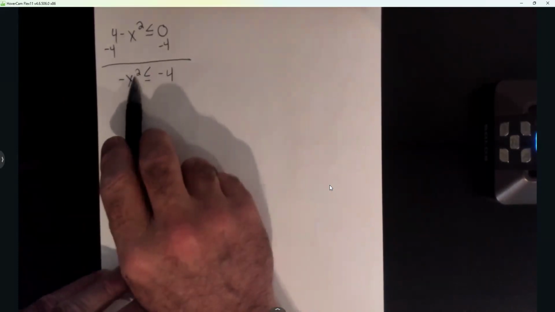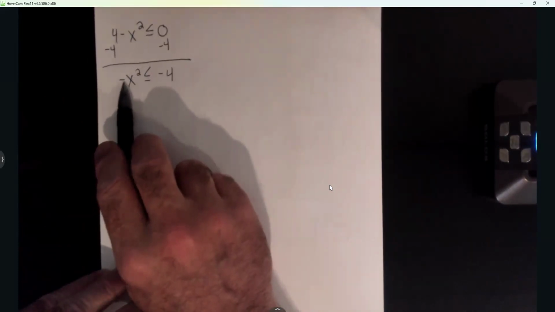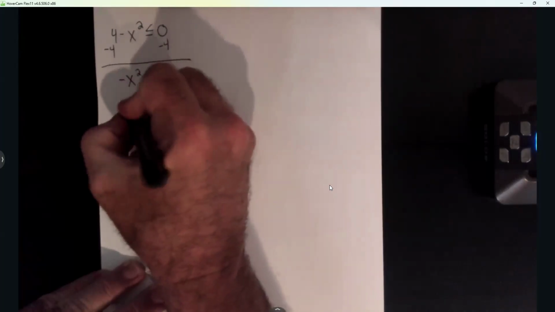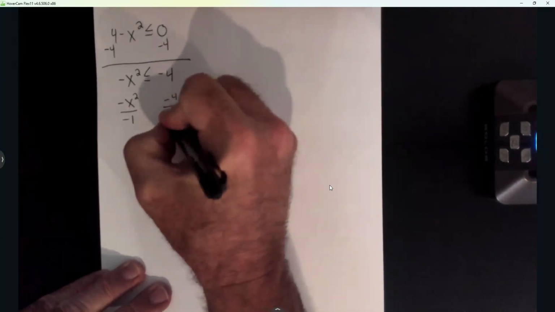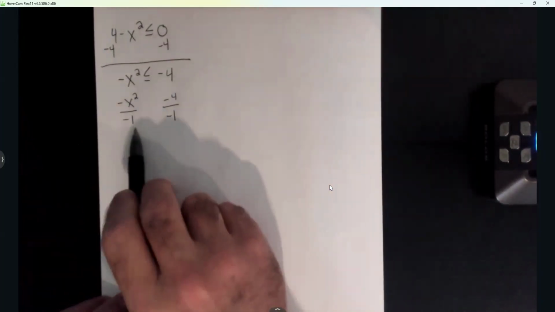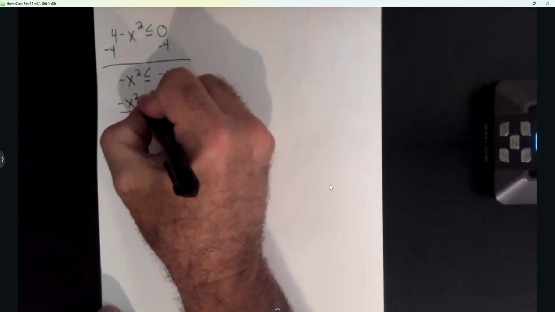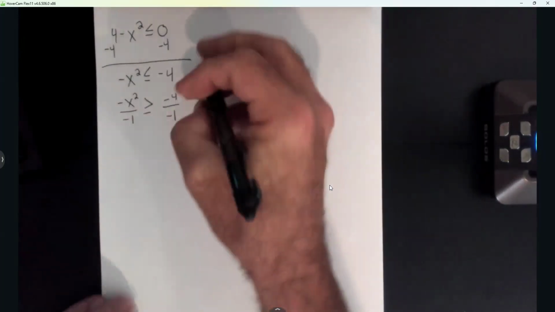Now we need the x squared to be positive, so we're going to divide by this negative 1 on both sides. And y'all, it is very important since we're dividing by this negative, y'all got to reverse that inequality and make this a greater than or equal.